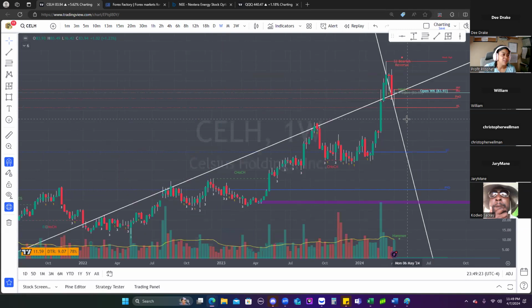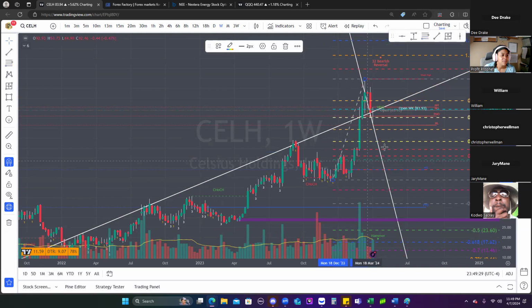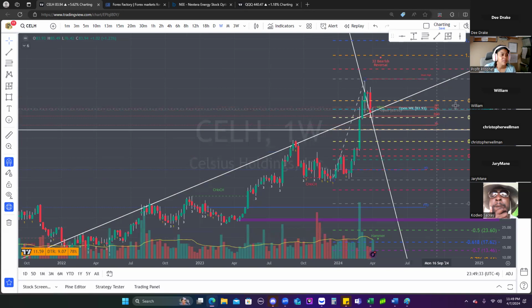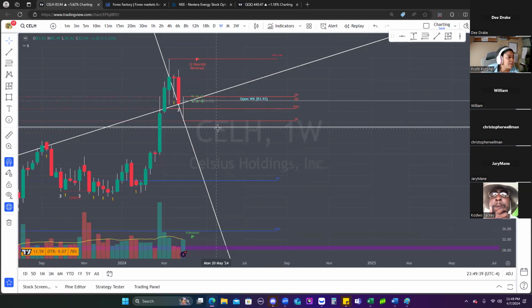When situations like this arise, I like to throw fibs on from a swing point. So halfway into the gap would be about here. I wouldn't be looking to touch Celsius from the swing perspective until we hit the 0.5 area, which is the 74.13.